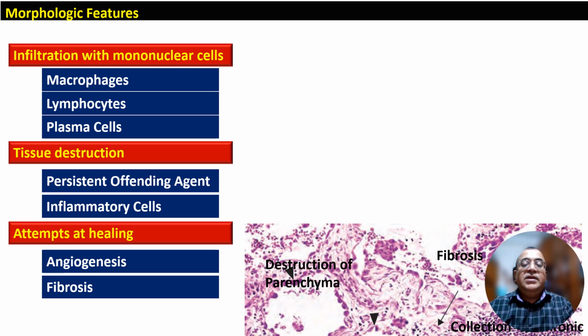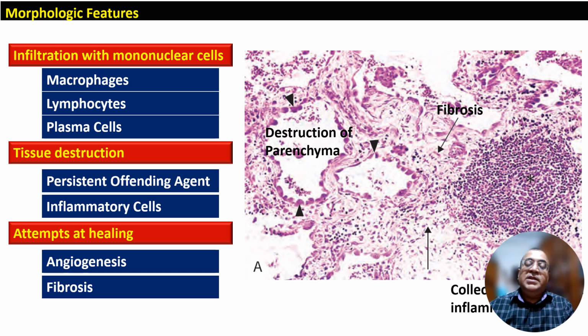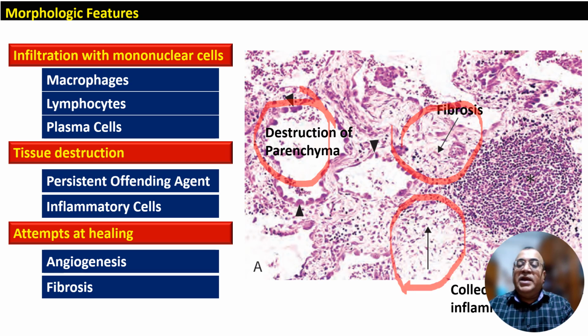The histopathological appearance or these morphological features are seen in this histopathology. There is destruction of the parenchyma. There is simultaneous attempt at healing, and there is infiltration by mononuclear cells.